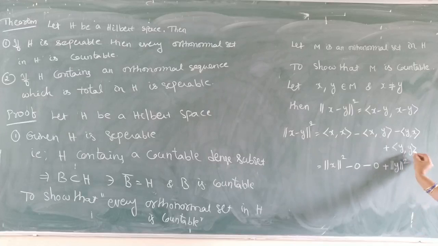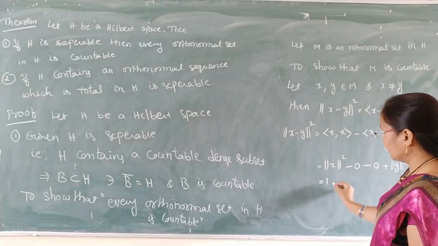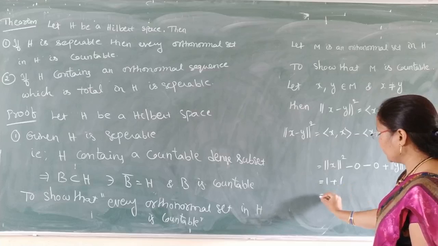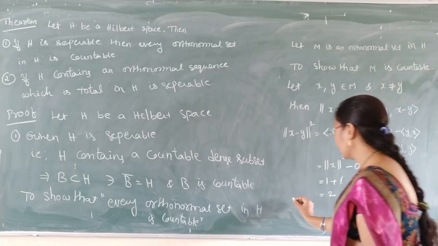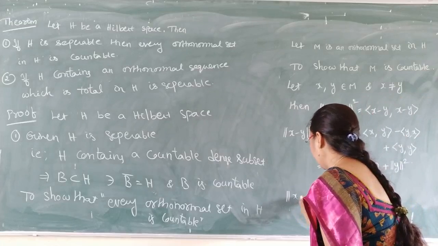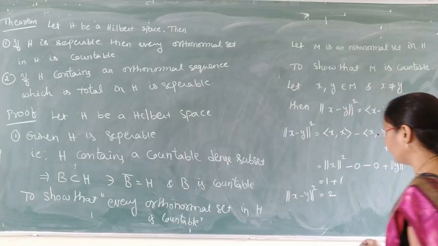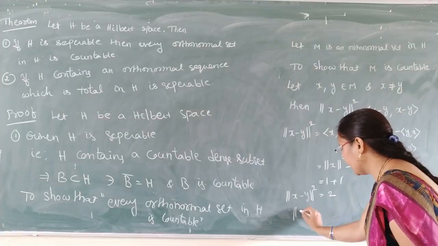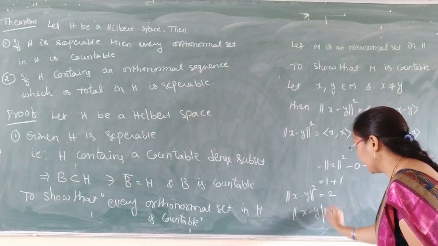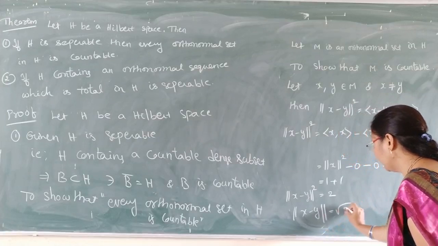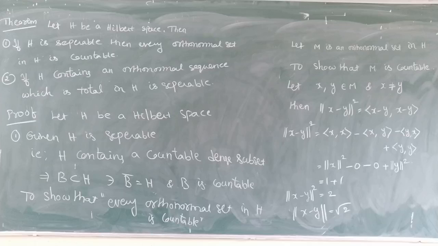Once these two elements are the same, the value is 1, so here also the value is 1. So what we got: norm x minus y whole squared is equal to 2. Therefore, our next line is norm x minus y is equal to root 2. Clear?